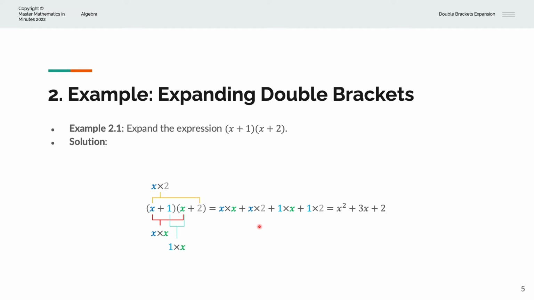The third step is where we multiply 1 by x, and that gives us the third term. And finally, we have 1 multiplied by 2 as the fourth and final term. And we'll simplify this expression. So x multiplied by x is x squared, and with 2x and 1x, that sums to 3x. And 1 multiplied by 2 is 2.